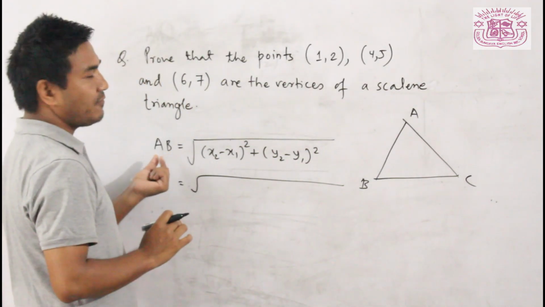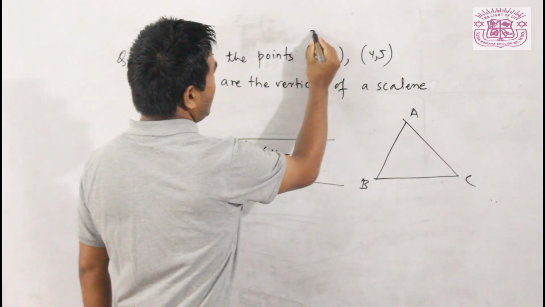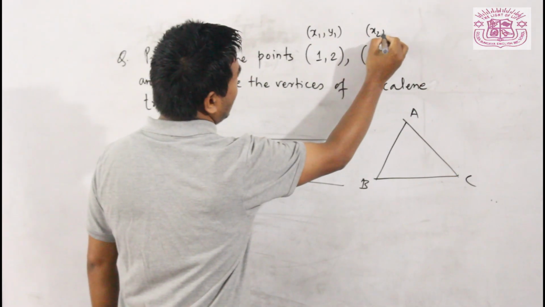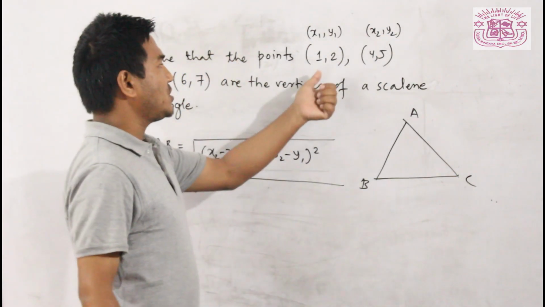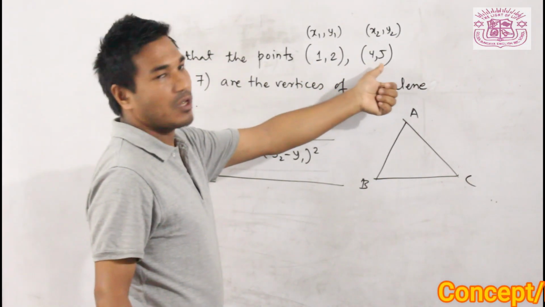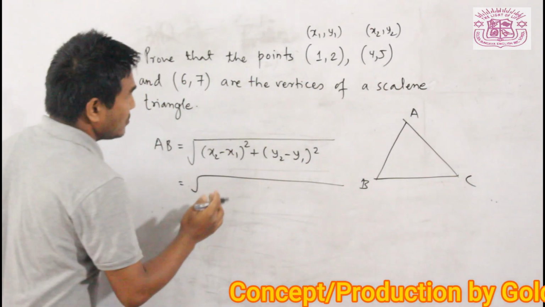For the distance of AB, we suppose A as x1, y1 and B as x2, y2. We can either suppose A as x2, y2 and B as x1, y1. It's okay. Now use all of these values over here.